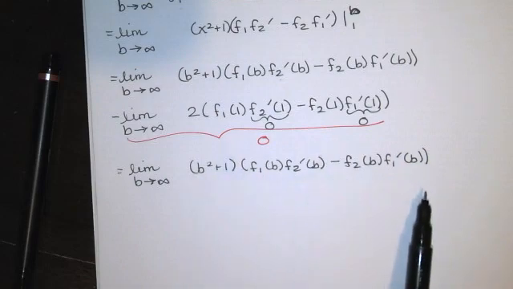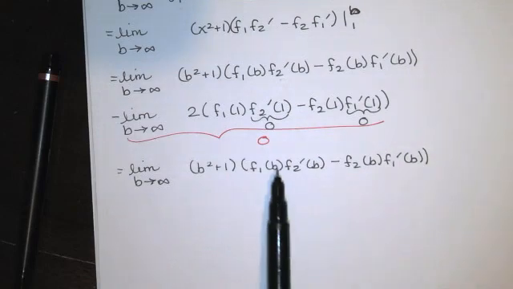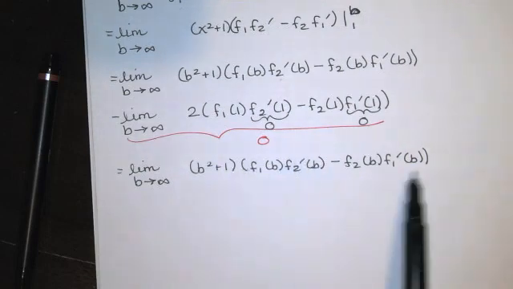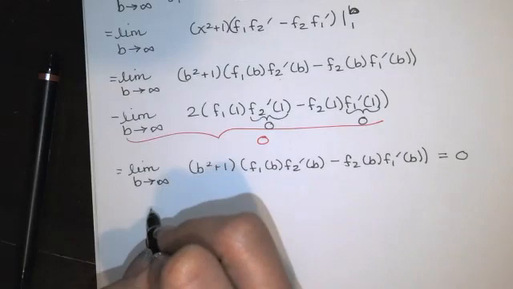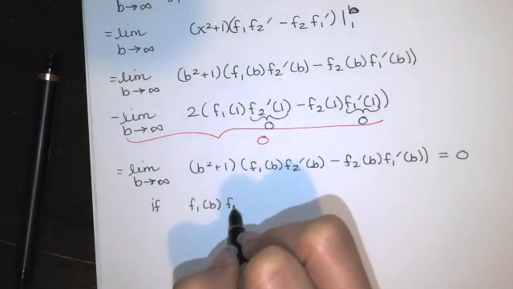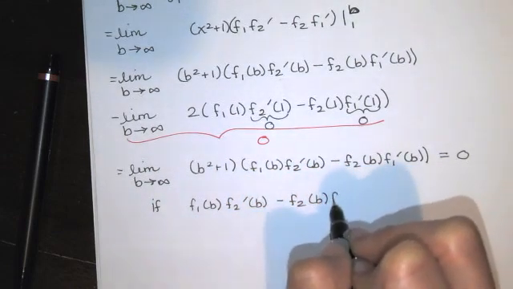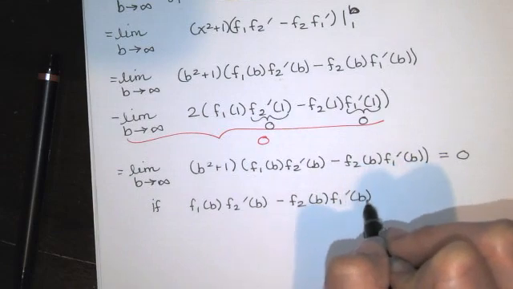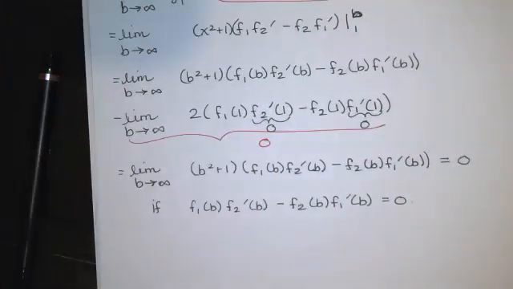The only way that I'll get 0 from this, and I need to get 0 for this in order for my operator to be symmetric, is if this is equal to 0. So I would need this relationship to hold.